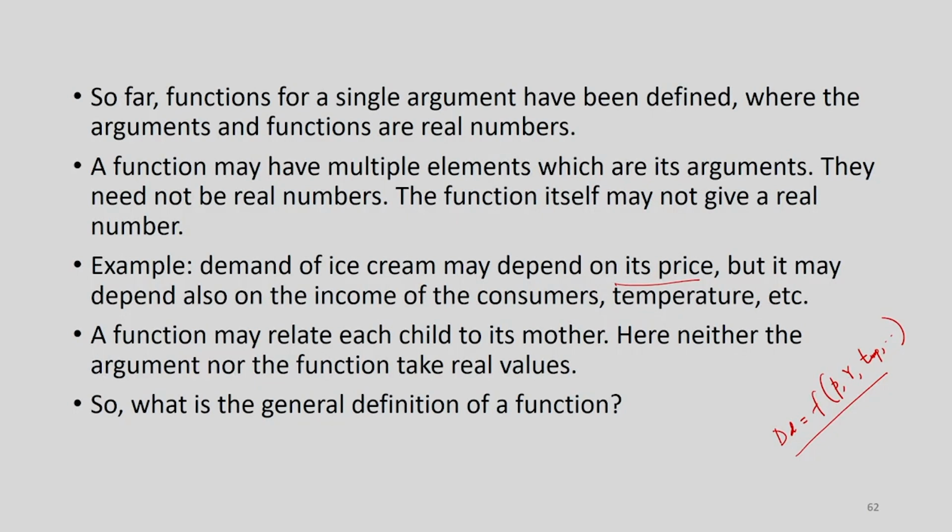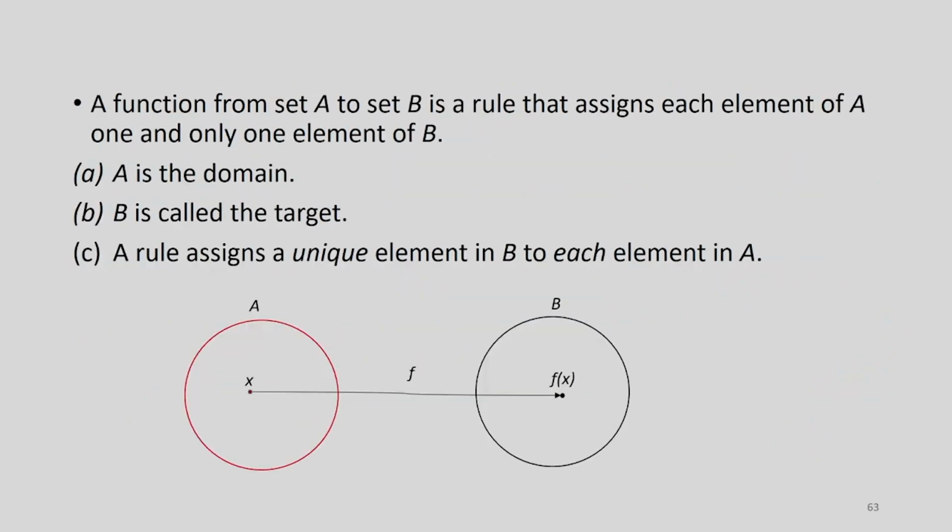So, if you have these complications, then how do you generally define a function? Okay, so, this is the general definition of a function. A function from set A to set B is a rule that assigns each element of A one and only one element of B. So, you have two sets, these sets may not consist of real numbers, sets could consist of general elements.